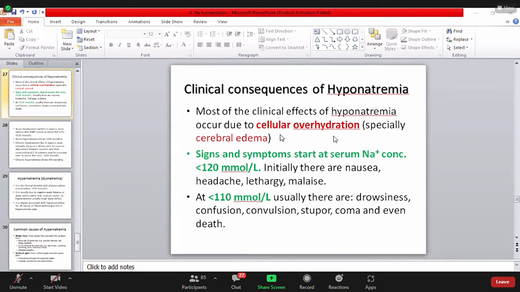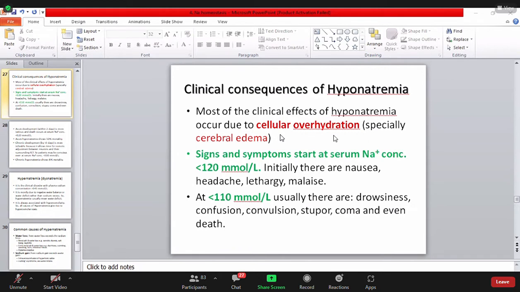When sodium concentration is less in our blood, then what happens? Water enters into the cell and cellular overhydration or cerebral edema occurs. Most of the signs and symptoms occur due to this cellular overhydration or cerebral edema.